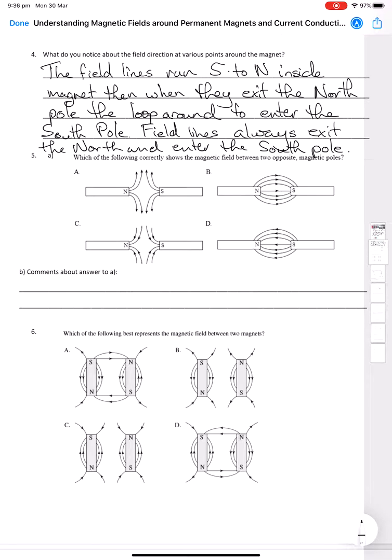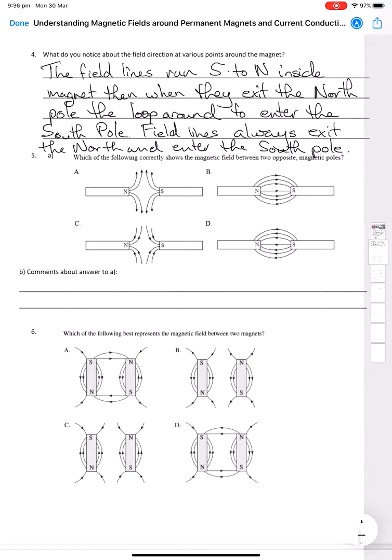All right, which of the following is correct? Whenever fields attract each other, you should be showing the lines connecting. Whenever they repel each other, you should be showing fanning out of the field.